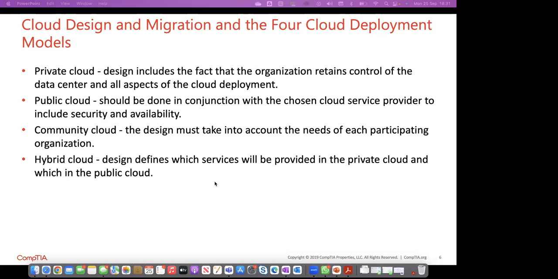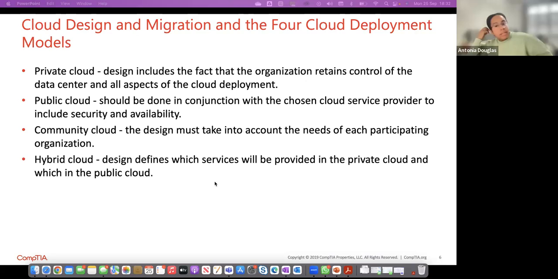I also know we mentioned in one of our classes that the bandwidth won't be as great. Maybe that could be what you call limitations for the community cloud. Yeah, definitely.